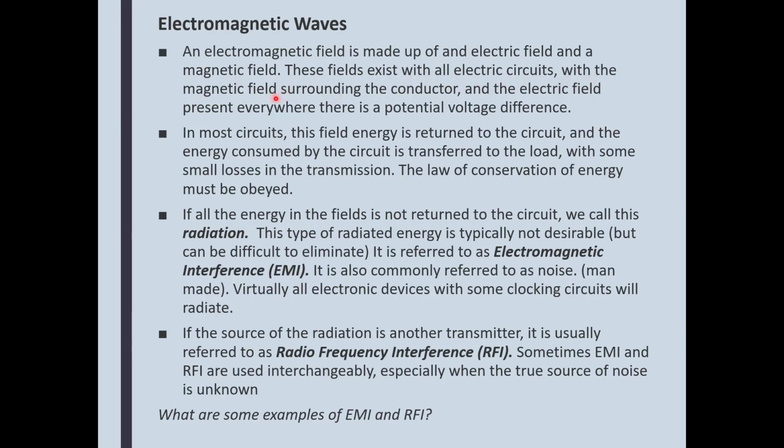With the magnetic field surrounding the conductor and the electric field present everywhere, there's a potential, a voltage difference. When there's voltage, there's electric field. And when there's current flowing, there is going to be a magnetic field spinning around the conductor. So that should not be anything new to you, but we're getting somewhere with that.